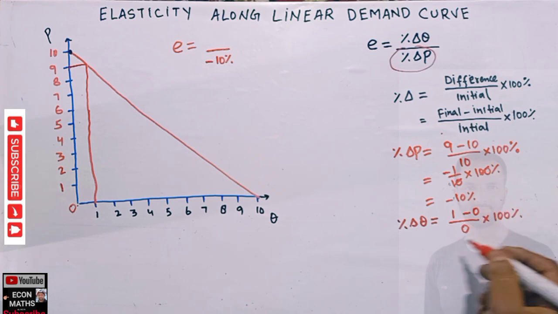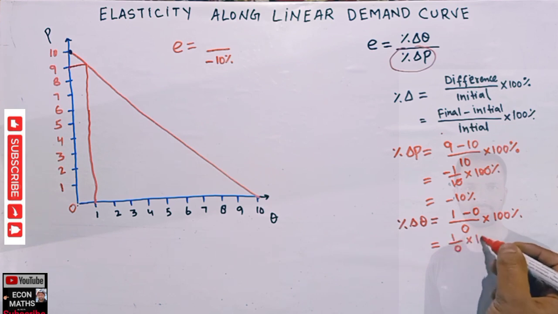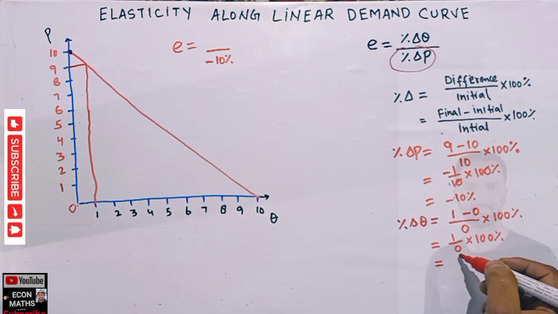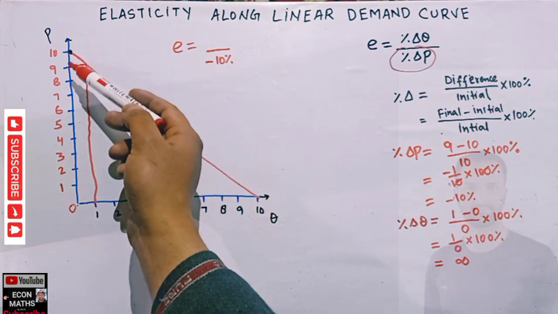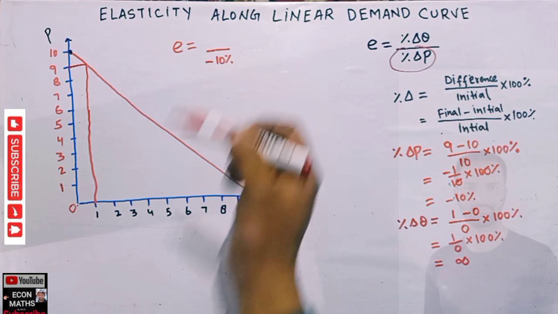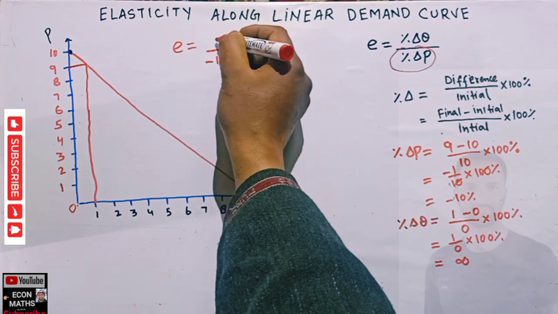So this is 1 upon 0 into 100%. When we divide 1 by 0, any number by 0, it comes out to be infinity. Infinity times 100% will be infinity. That means when there is a 10% decrease in price, quantity demanded increases by infinity.